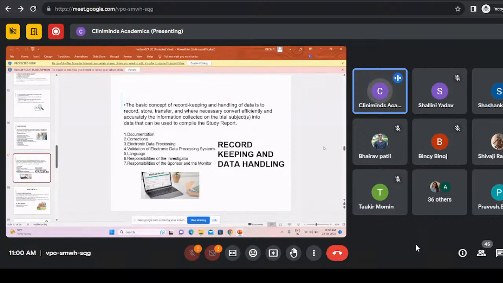Then when you do the editing, there will also be a question near it: why are you changing the data?